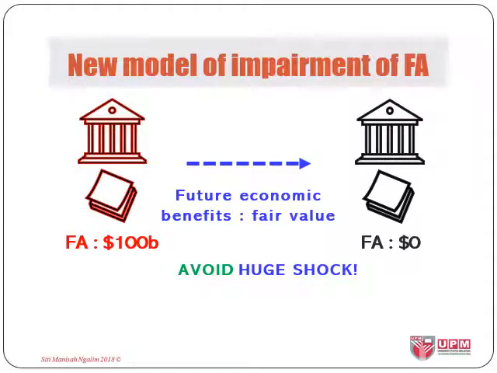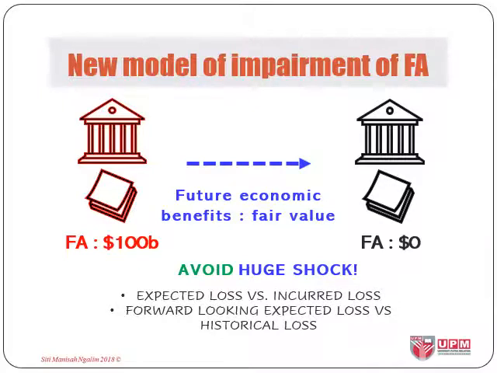In short, what we are seeing in the new model is that we are recognizing expected loss rather than incurred loss. And to recognize this expected loss, we do not need to wait for any loss event that triggers impairment to occur. We are forced to analyze even on day one of acquiring the financial assets any possibilities for expected future loss due to any probable future events that may trigger it.